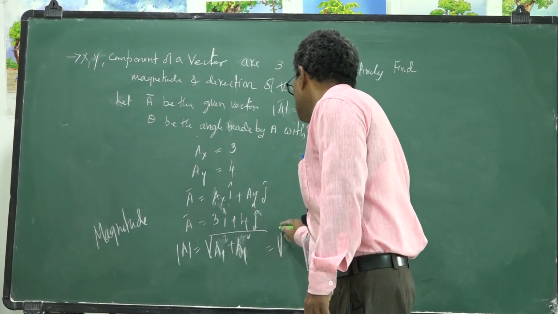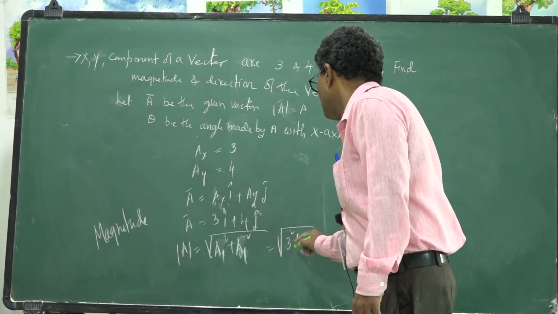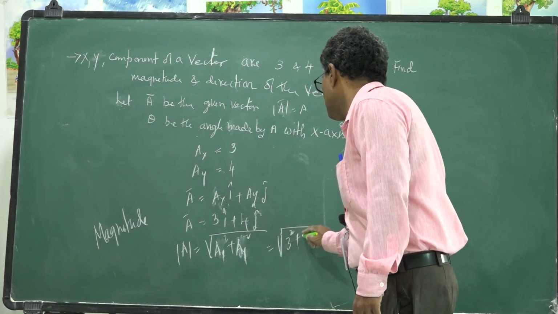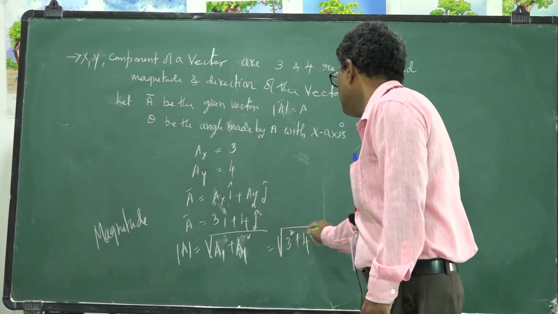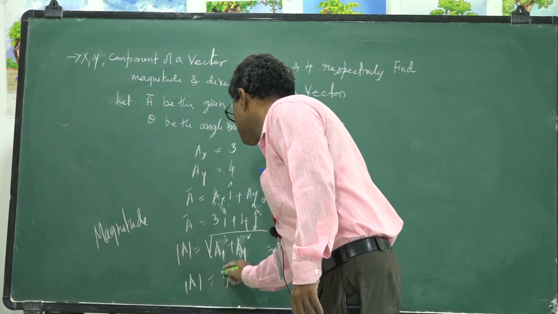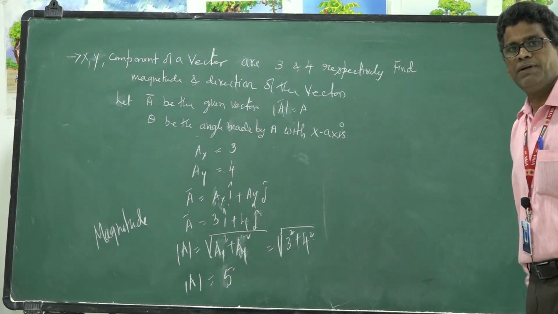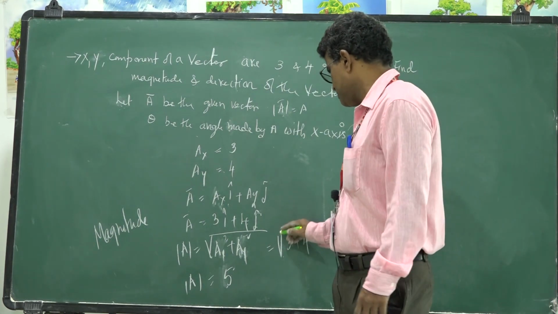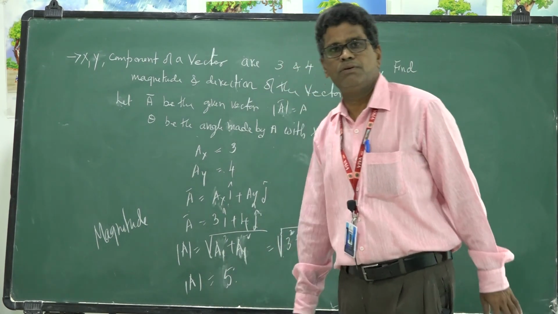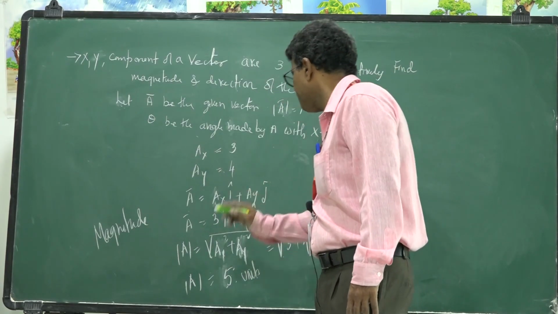That is the square root of 3 square plus 4 square. You will get the magnitude of the vector as 5. So the magnitude of the vector is 5 units.